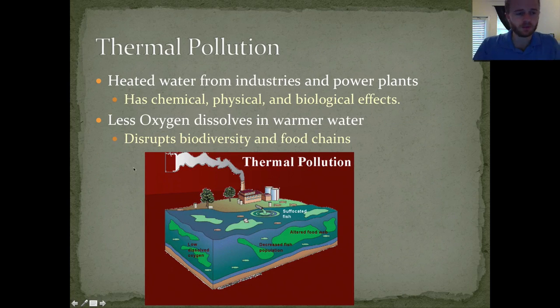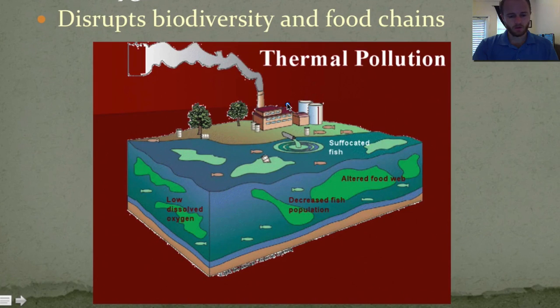Thermal pollution. What do you think thermal pollution deals with? Yeah, heat. So where do you think thermal pollution is the biggest problem? Of course in water, but where and what would cause the thermal pollution? Well, think of how we generate electricity.